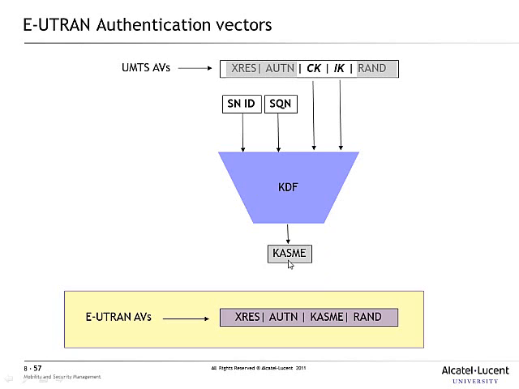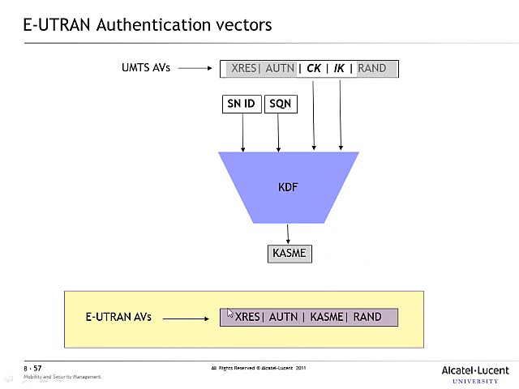Now all of these acronyms: KDF stands for key derivation function. KASME along with the signed result, the AUTN and RAND, all of these now form the LTE authentication vector.